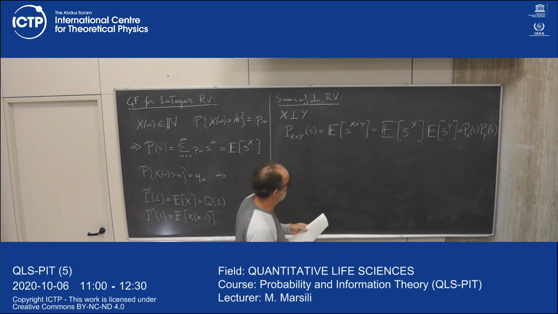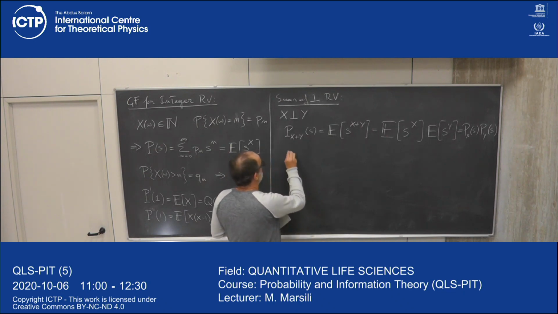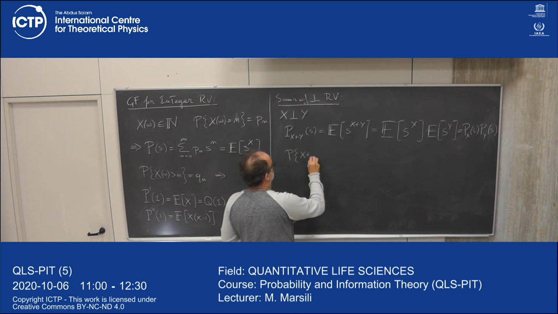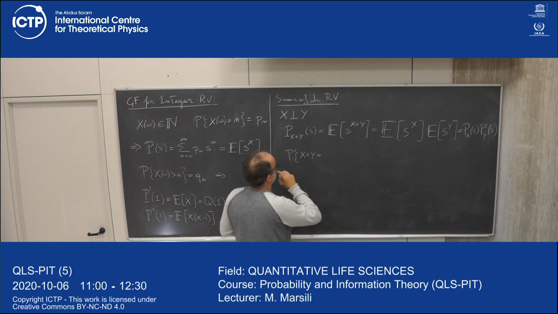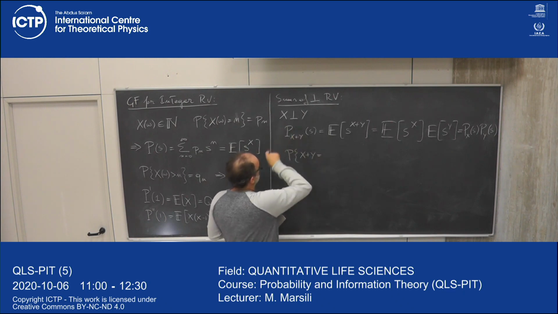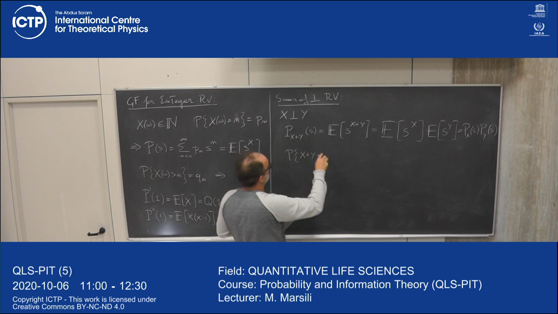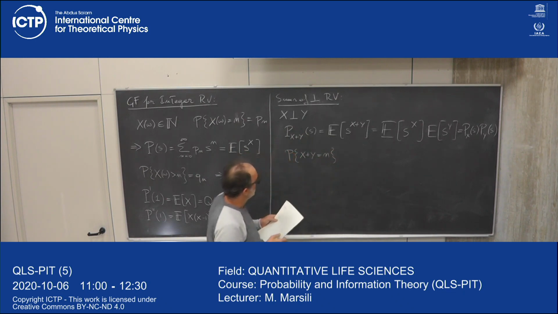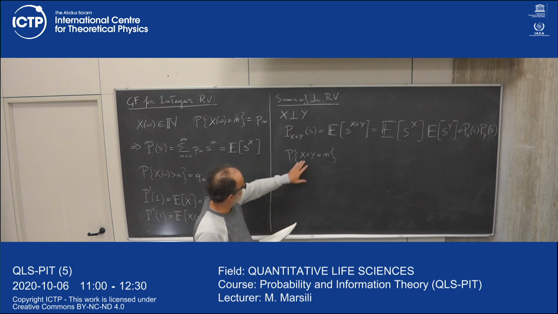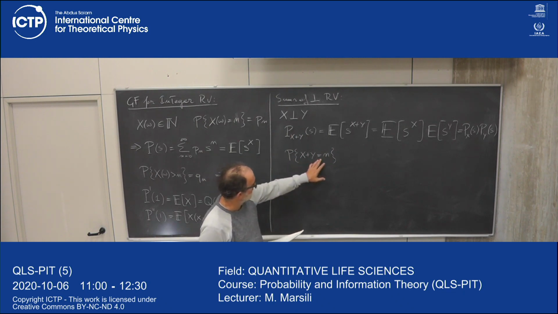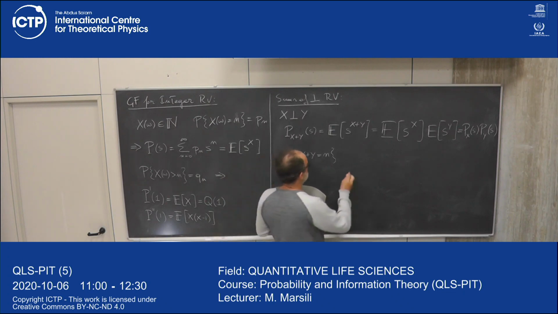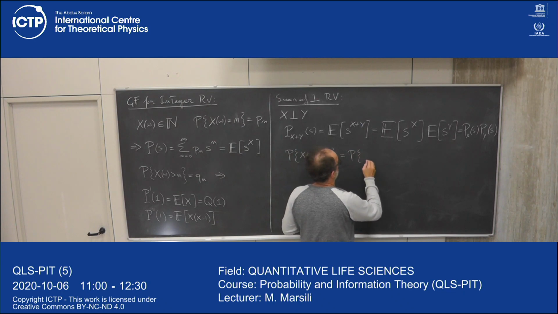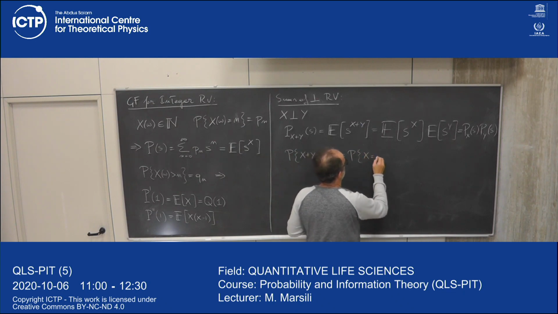In particular, you see that if you compute the probabilities, so the probability that x plus y is equal to n, this is given by a very complicated object which is called a convolution.